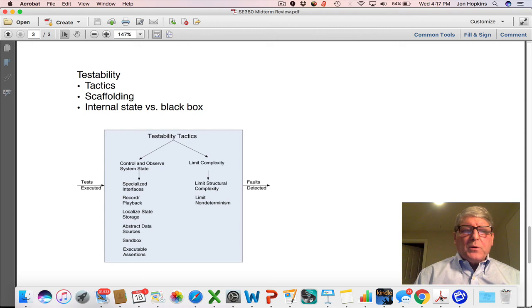We can make things more testable not only by having well-defined interfaces and being able to both control and observe that state, but also making them less complex, which is a tactic that we've seen in several of these, by making sure that it's less structurally complex. In other words, I don't have too many dependencies, and to make it relatively deterministic. We didn't talk about that much, so don't worry about that part. It's really just limiting the structural complexity of our system.